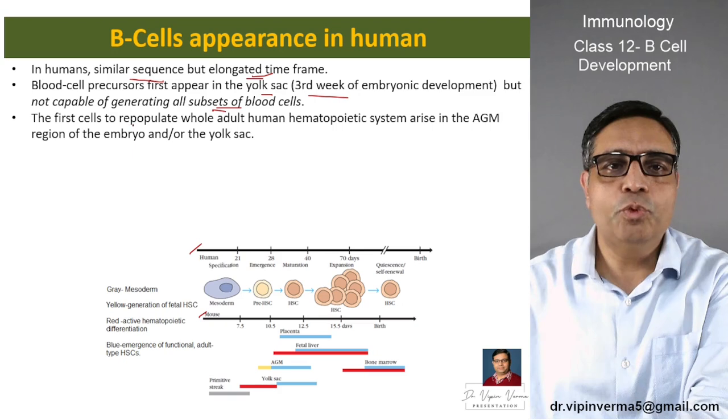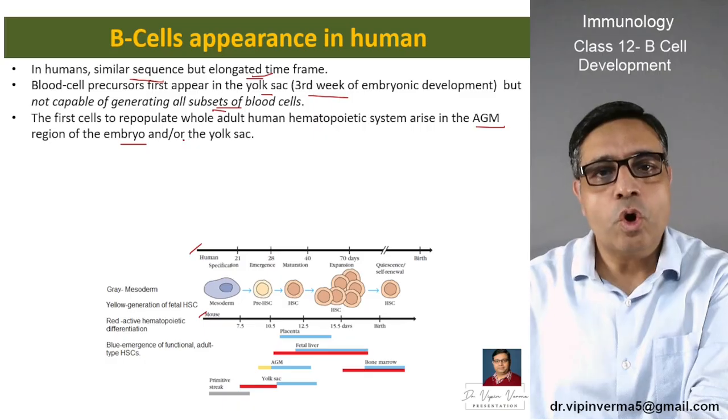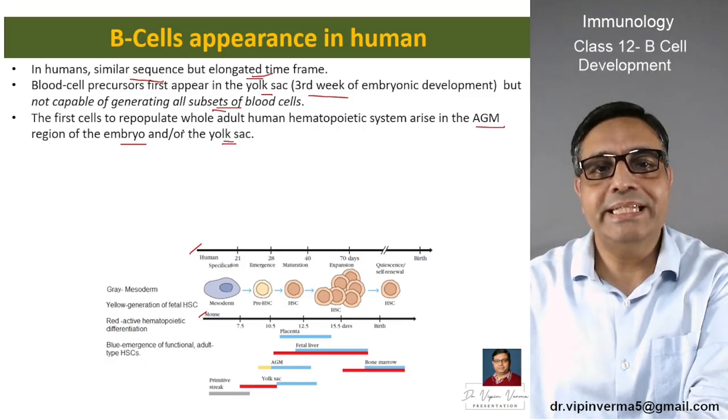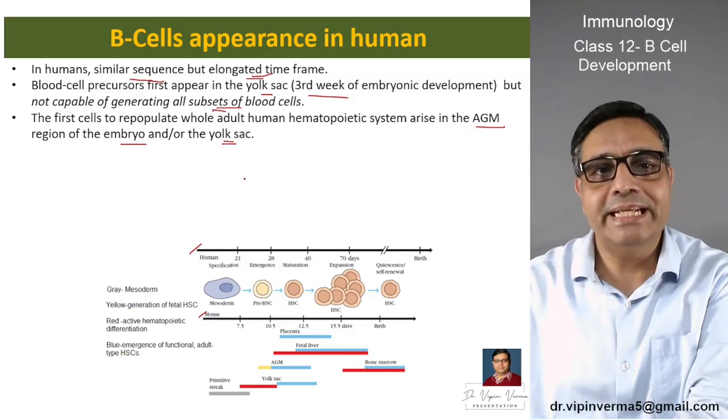The first cells to repopulate the whole adult human hematopoietic system arise in the AGM region of the embryo and/or the yolk sac. That means either or, either in this, or this plus this, in both places. The first cells which repopulate the whole adult human hematopoietic system arise here in the AGM.